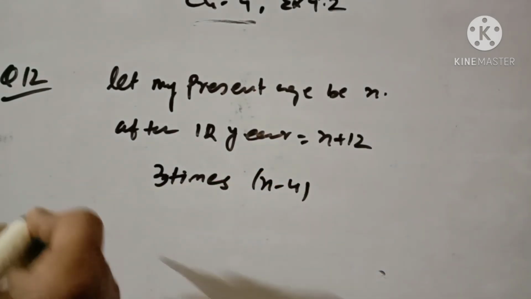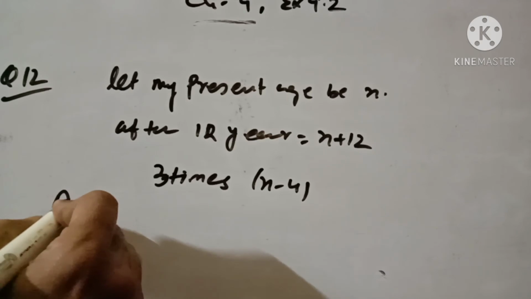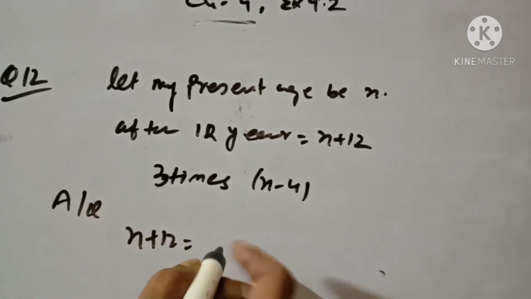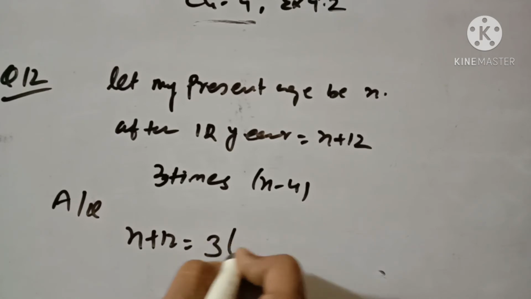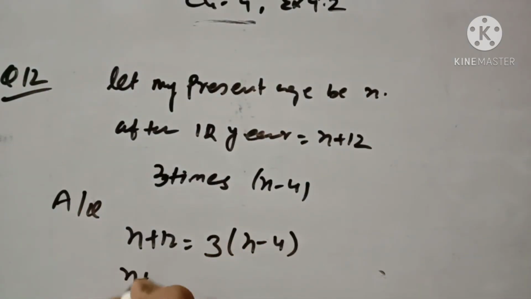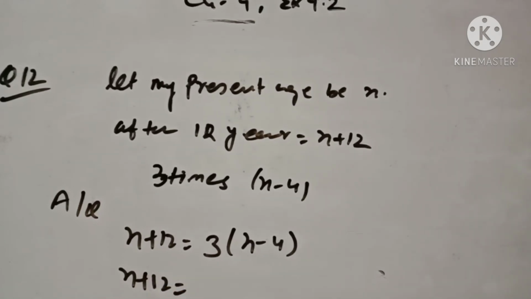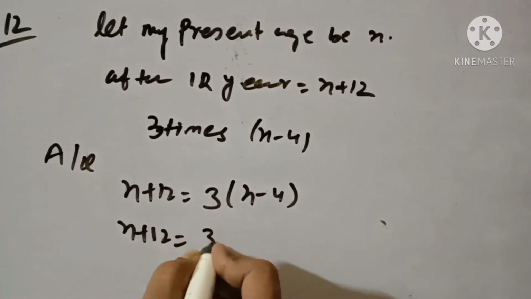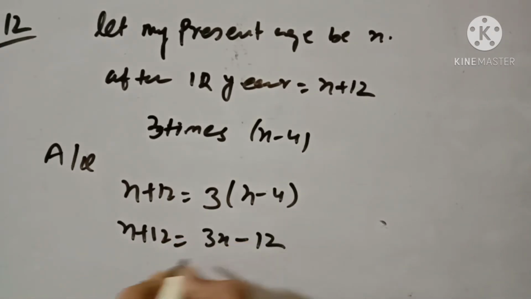So according to the question, x plus 12 equal to 3 times x minus 4, so x plus 12 equal to 3x minus 12.